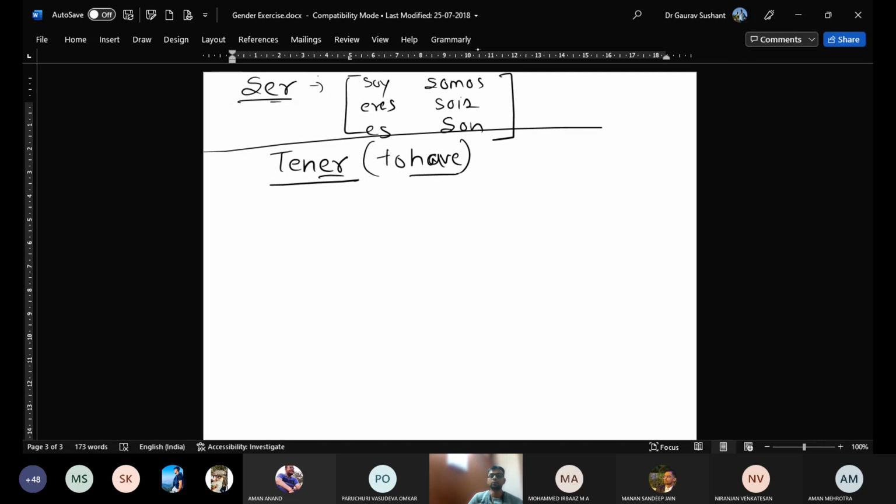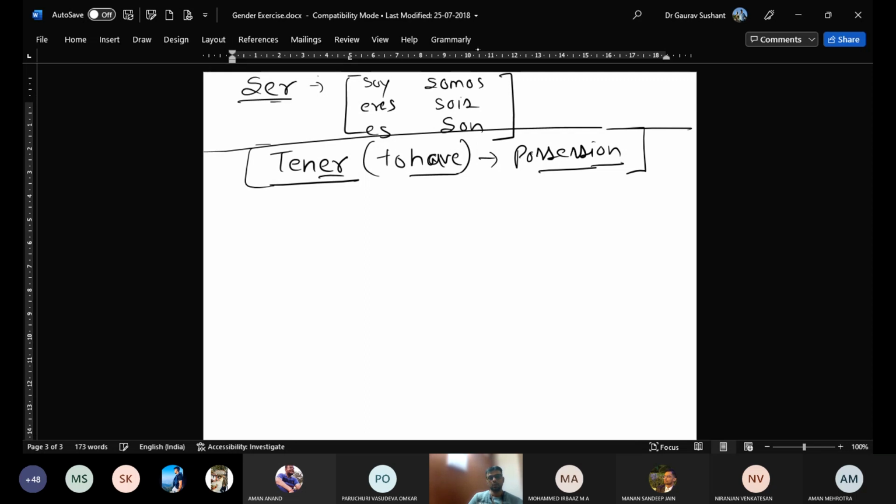It is not referring to that. Tener is basically talking about possession. Possession means I have a car, you have a house, she has 2 brothers, we have a class today. All these things we are using the verb tener for, which is basically about possession.